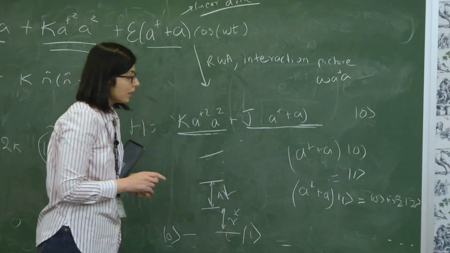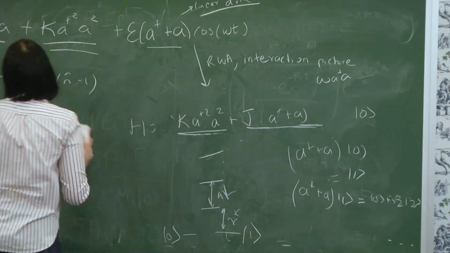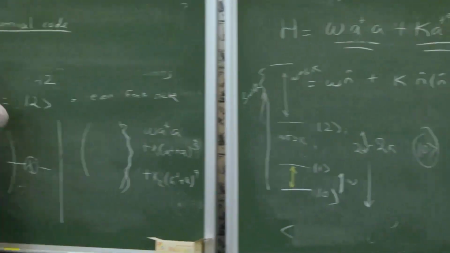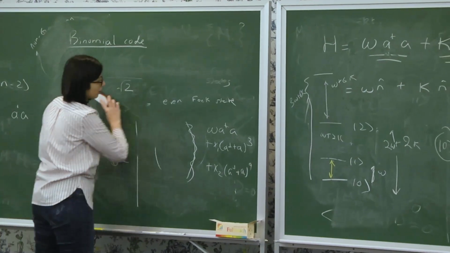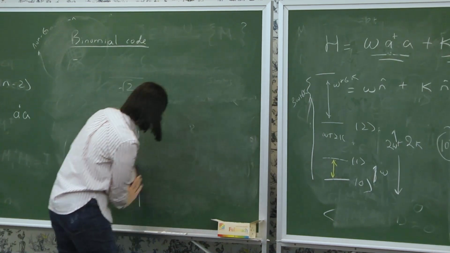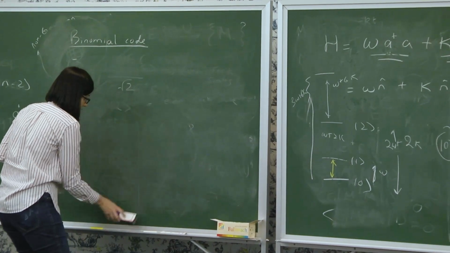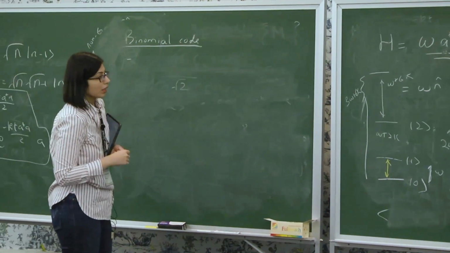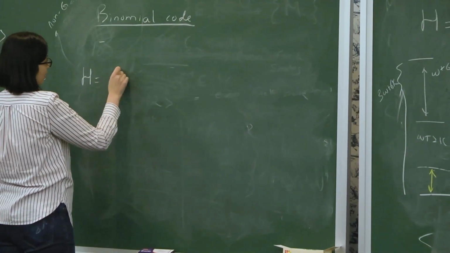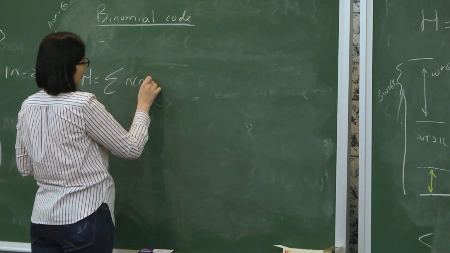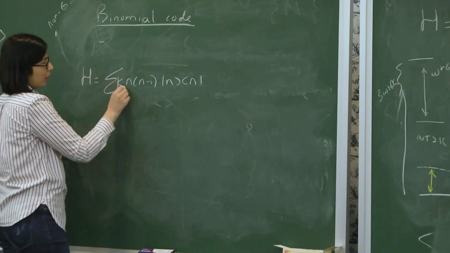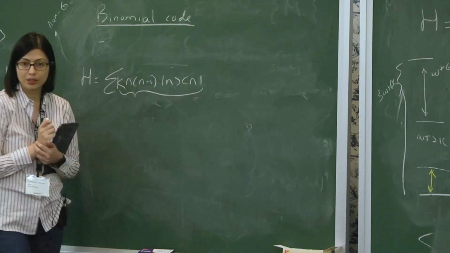So basically where I'm getting at is, if you look at the Hamiltonian, you have H equal to the summation of n minus 1, times Kerr. This is just the Kerr nonlinear term.